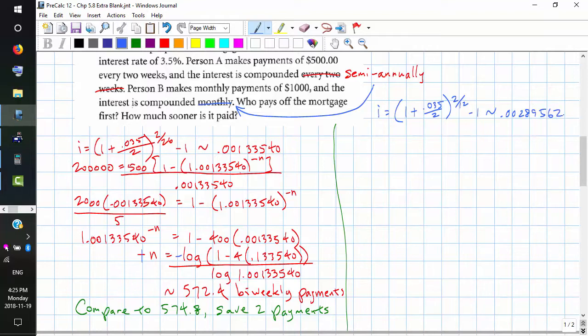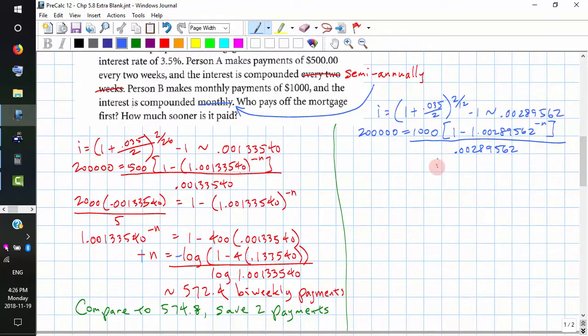So we substitute into our present value formula. 200,000 equals 1,000 times 1 minus 1.00289562 to the power of negative n, all divided by 0.00289562.